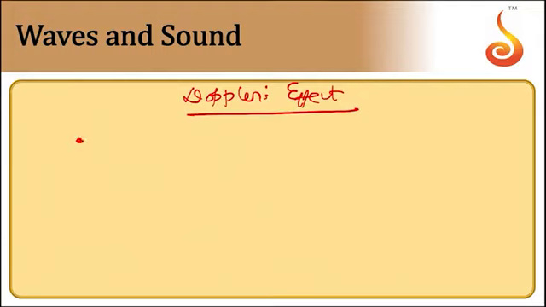For example, let's assume that here is a source and here is an observer. Let's assume that their speeds are Vs and Vo respectively. And sound, as you know, always travels from source to observer.